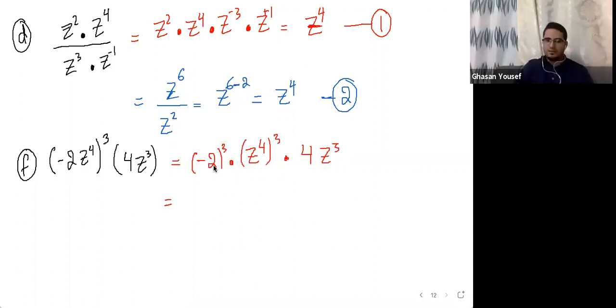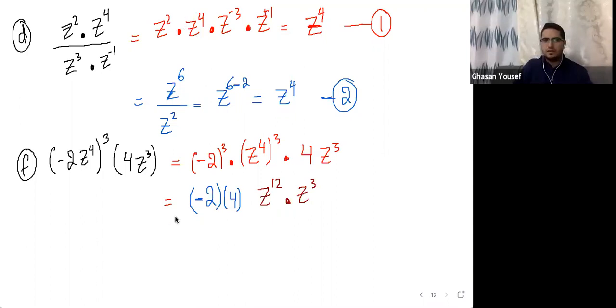Now let me combine the numbers together, negative 2 with 4, and the z's together. Here we have z to the 4, everything to the 3, which gives me z to the 12, times z to the 3.